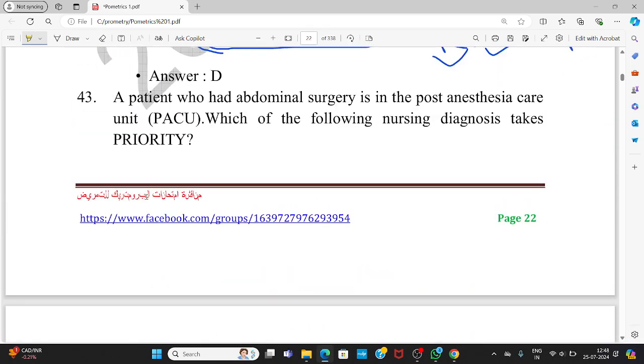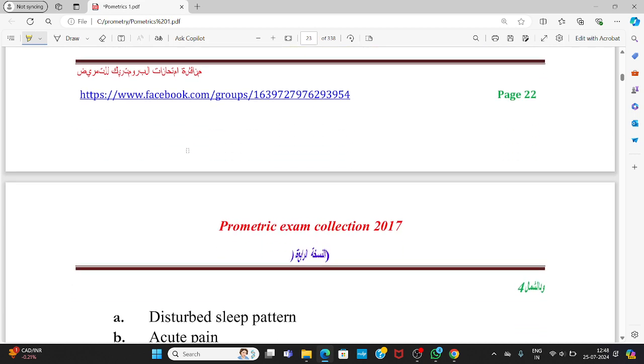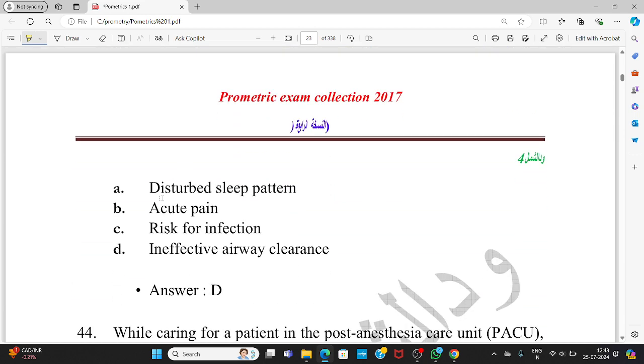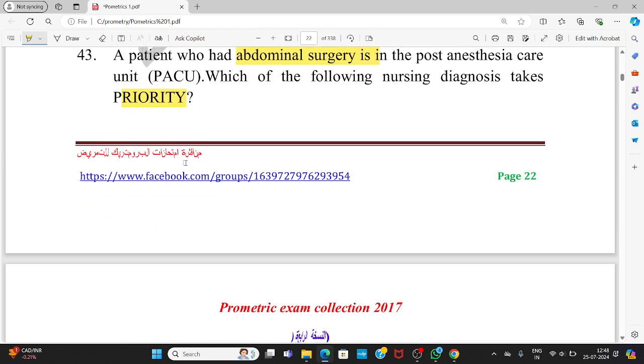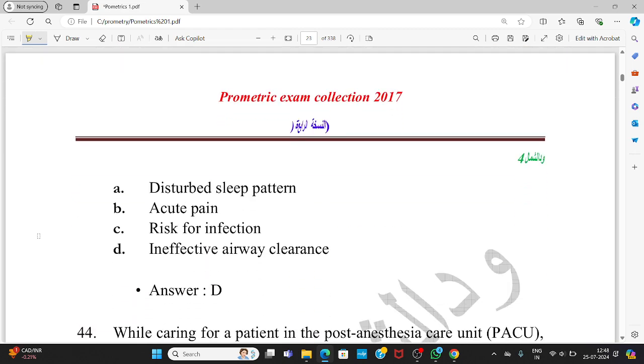The patient who had abdominal surgery is in post anesthetic care unit. So after the surgery, the patient is in PACU. Which of the following nursing diagnosis takes the priority? So basically, anything after the surgery and when it is in the immediate post anesthetic care, you can have two.